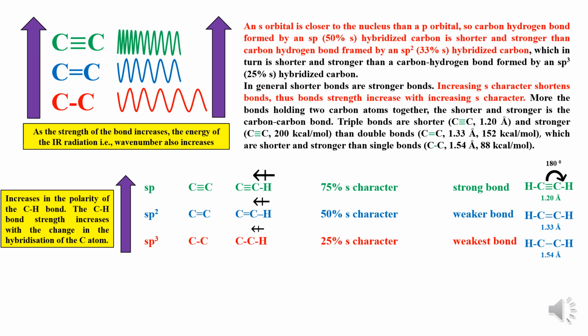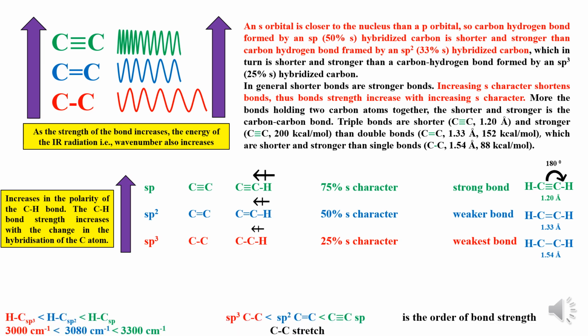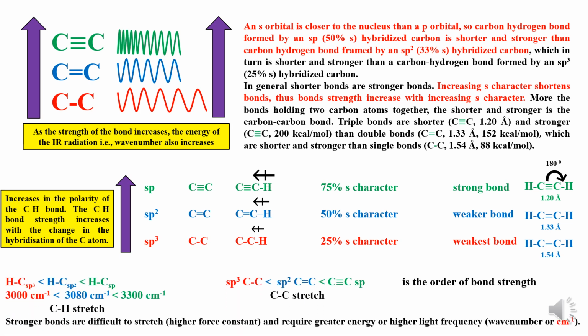So a shorter bond is always a stronger bond. And that is why the order of bond strength is as represented here. So the CC bond as well as the CH bond strength will be in the same order.